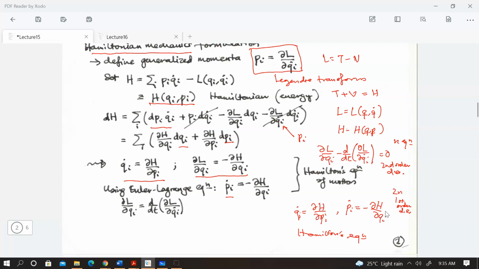So in terms of the number of equations with respect to the degree of the derivative, it is actually the same. But you know that first order DE are much easier to solve compared to second order DE. So that's the reason why this in some sense is much better compared to the Lagrangian case.